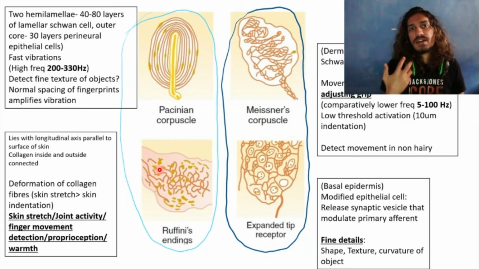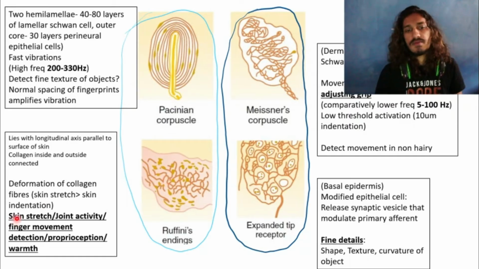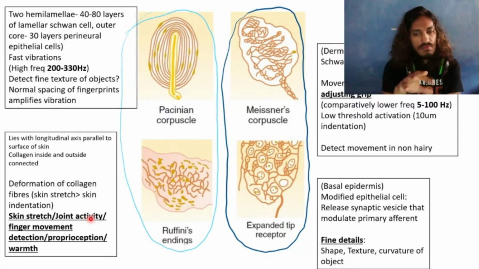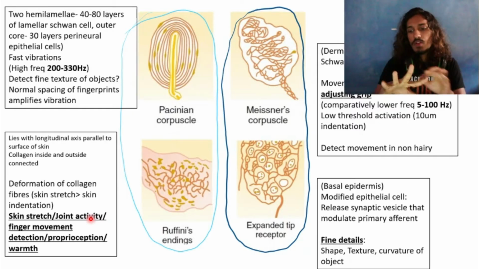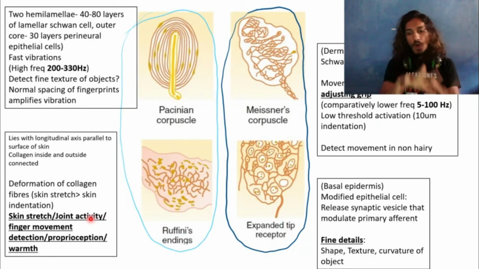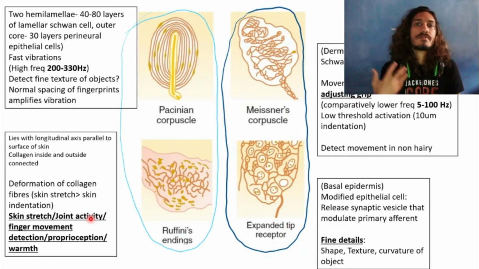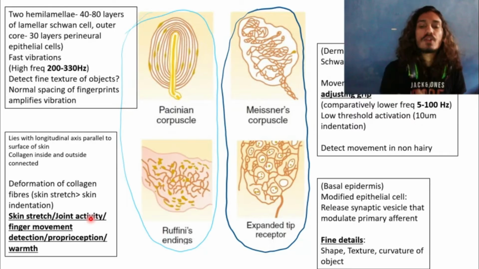Okay, so stretch seems to activate Ruffini's endings better than a skin indentation. So where can this be used? When there's a skin stretch, even when there's joint activity. When you move fingers fast and do webbing and all that, you can detect it, and this kind of helps you not overdo it. So some sort of proprioception is handled by your Ruffini's ending.